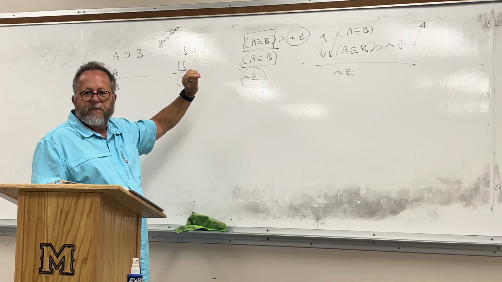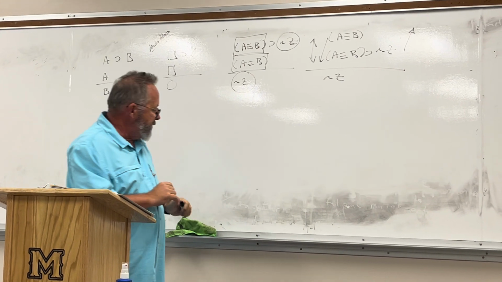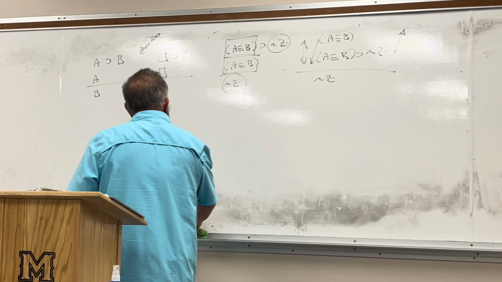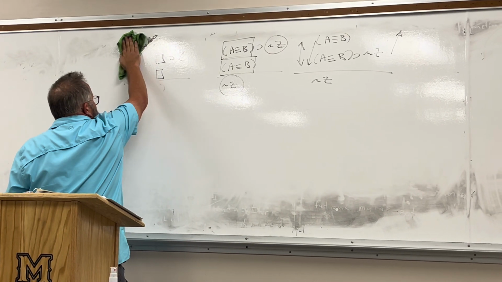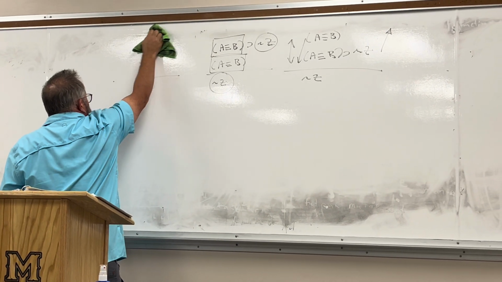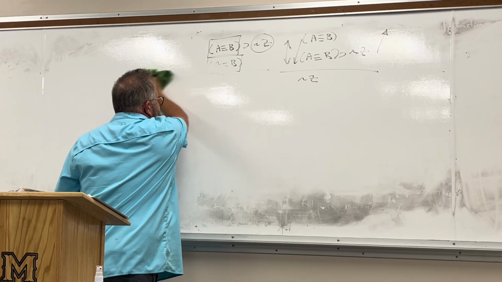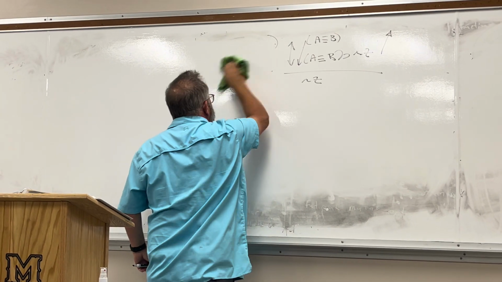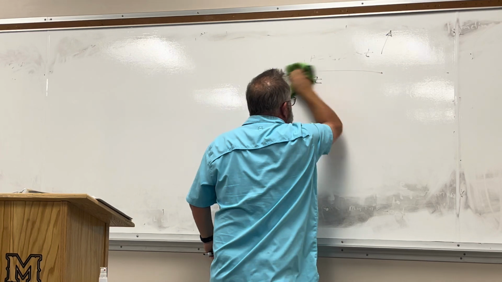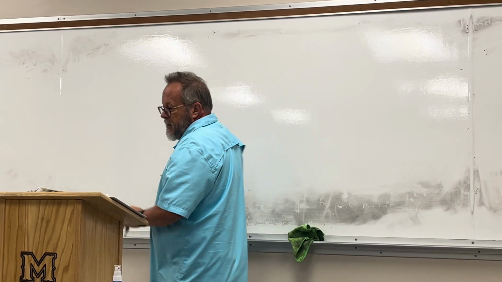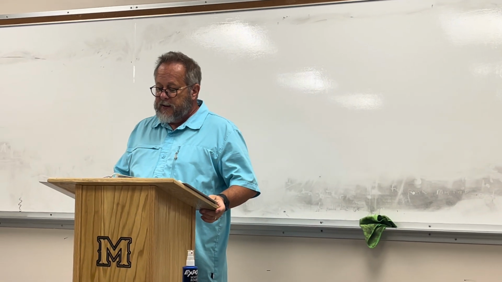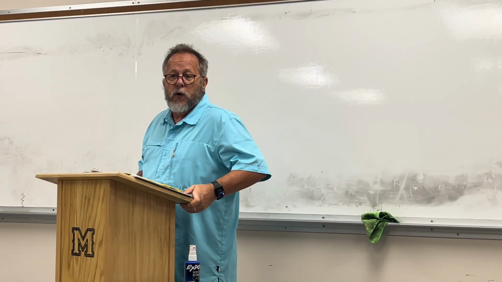Everybody got that? Okay. So what I want to do now is I want to do the first problem from the homework. So we were given an argument form, and then you're given 4 particular arguments, and you're asked, hey, are these arguments instances of this form?